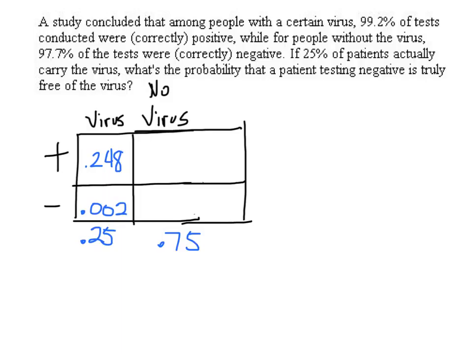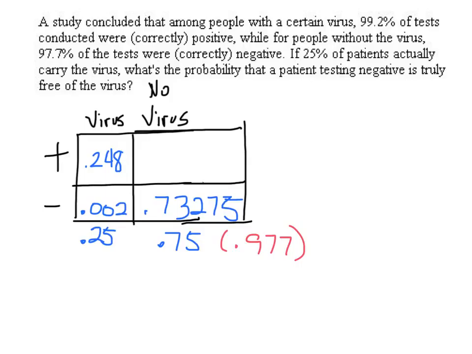And so same thing with the no virus, it is a correct negative 97.7% of the time. So 0.75 times 0.977 is 0.73275.